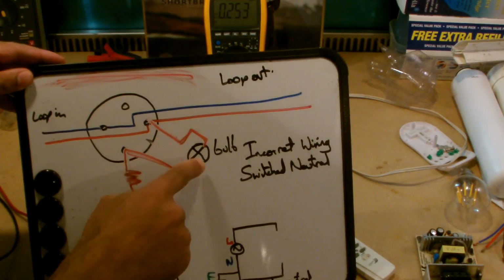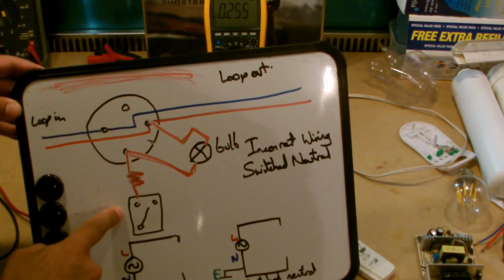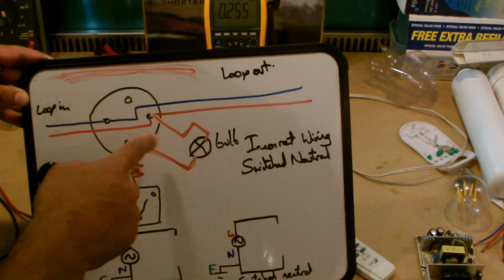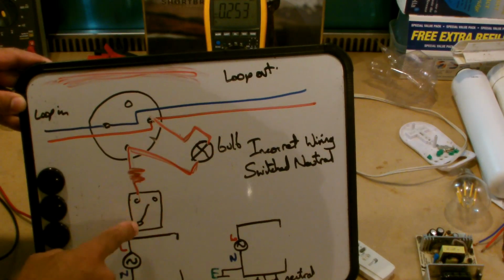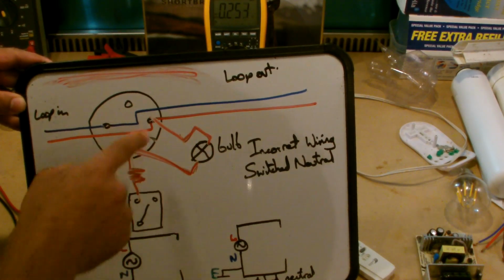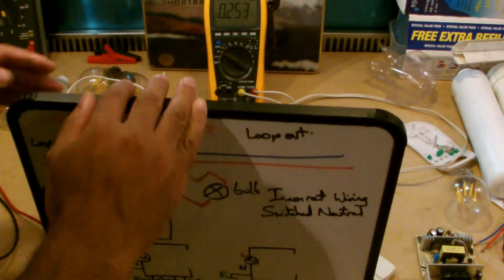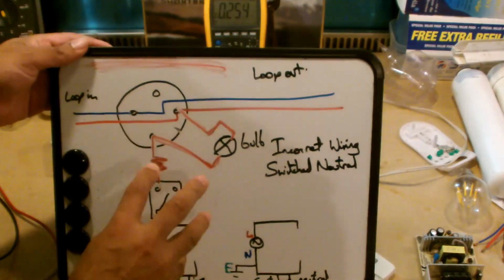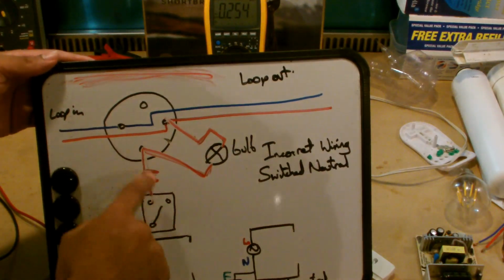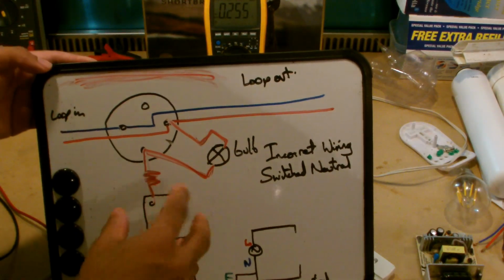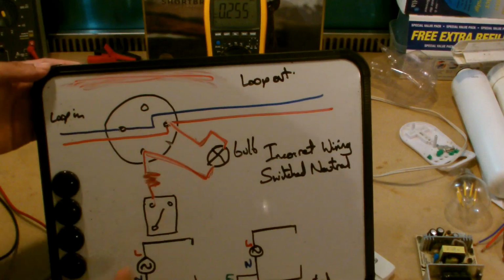This particular piece of line from the bulb to the switch is a floating line. So when this is open, as it is now, this will float up to the same voltage because there's no current flow. Of course, when there is a glow, there is a small current flow, so this is actually just floating. So it floats around the mains voltage.